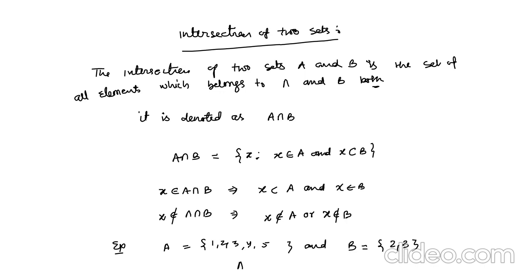So A intersection B contains 2 and 3. A intersection B contains the common elements of both sets.